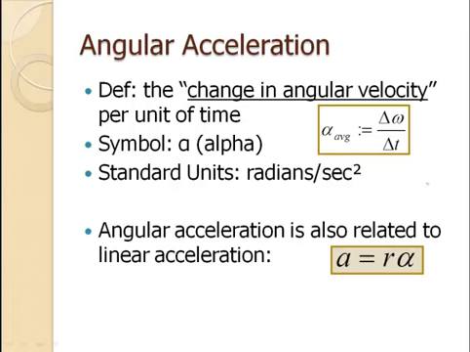And just like the others, angular acceleration is also related to linear acceleration by a factor of the radius. I probably won't ever use this formula per se, but I might at times use the radius in a conversion problem process to differentiate between linear acceleration and rotational acceleration.